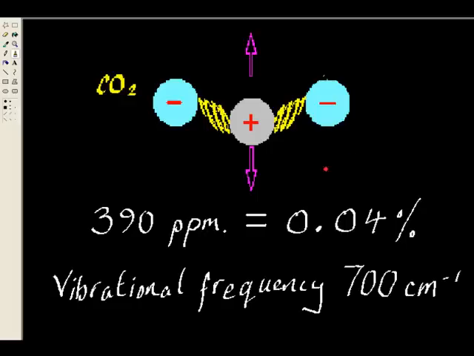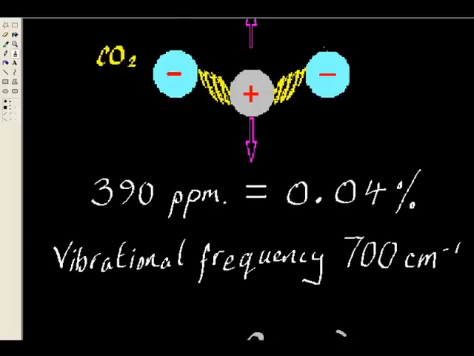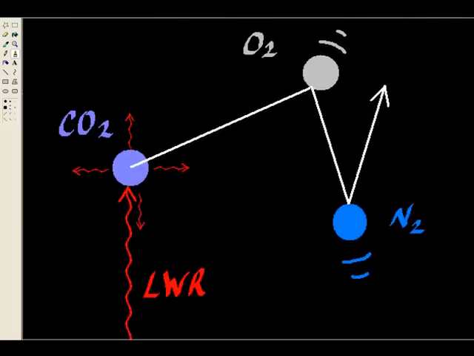But that still doesn't really explain how such a small amount of CO2 can heat all the Earth's atmosphere. And for that we need to look at this diagram here. Here we show the CO2 molecule, and let's say there's some long-wave radiation coming up from the surface of the Earth. You've got to remember that this long-wave radiation is permanently coming up from the surface of the Earth.